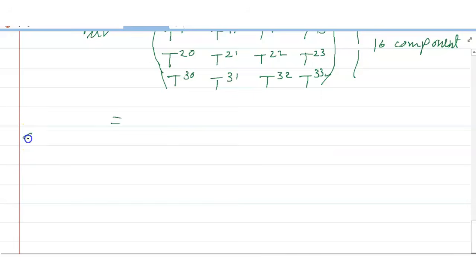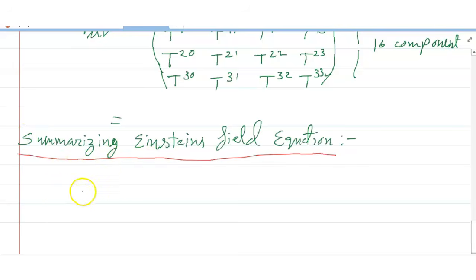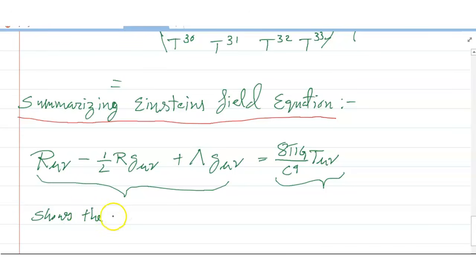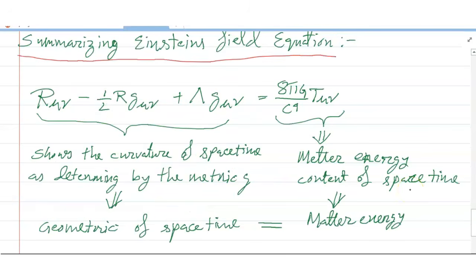So summarizing Einstein field equations. Friends, you see that this portion and this portion show the curvature of space time. This is the summarization of the Einstein field equation, and you can get it from every book.